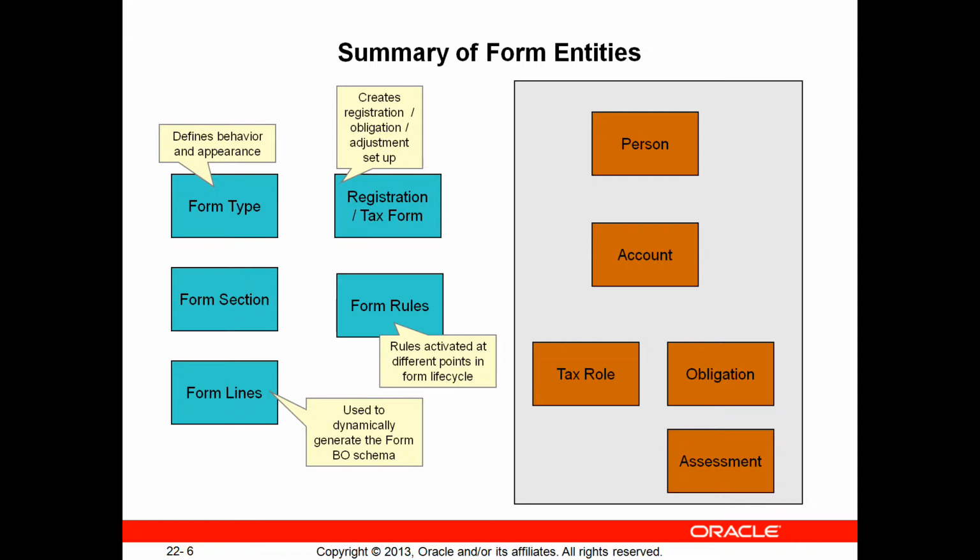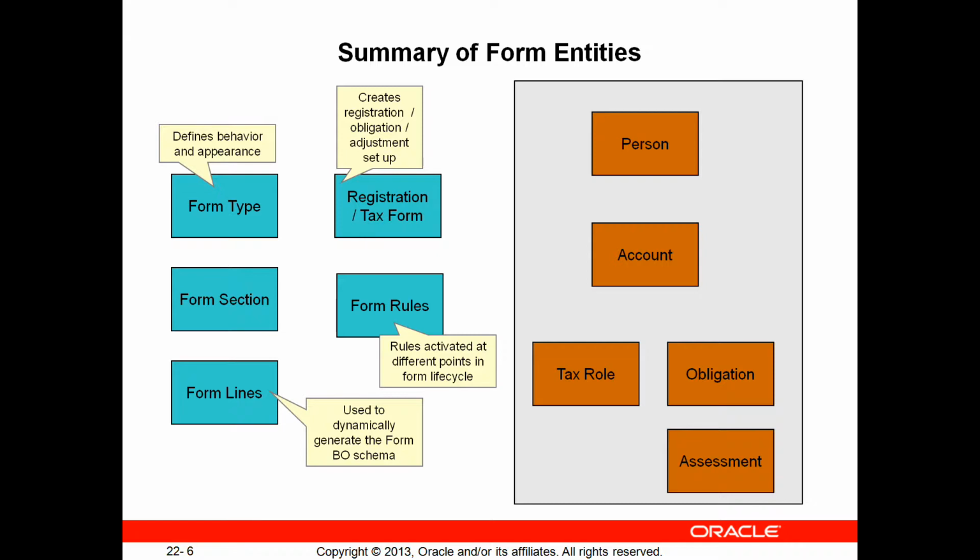Everything is done via the form type directly through sections and lines when you generate. And form types can be used for both registration forms and tax forms. We're going to be looking at a tax form, which in this case, as I've just mentioned, can do registration as well. It will check to see whether person, account, and tax roll already exist, and if not, they will create them, as well as the obligation and the financial transactions.